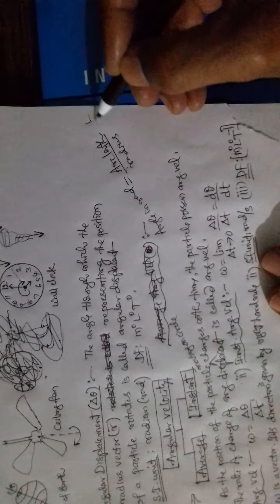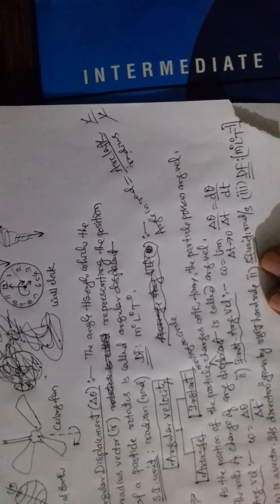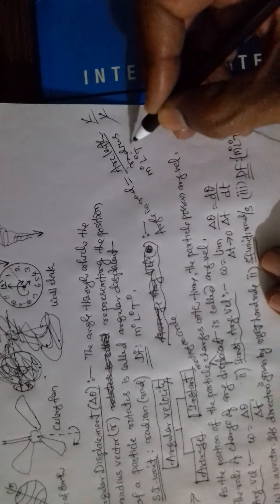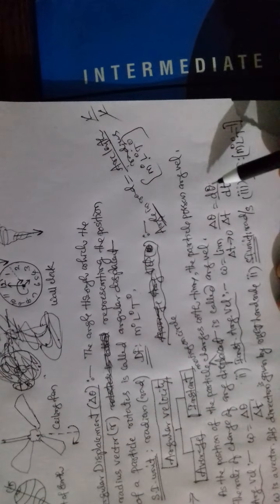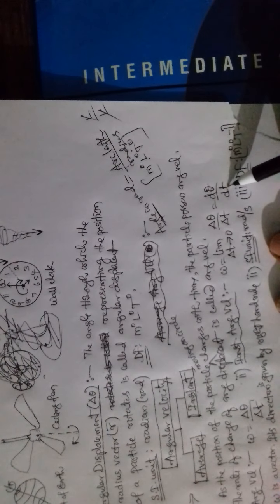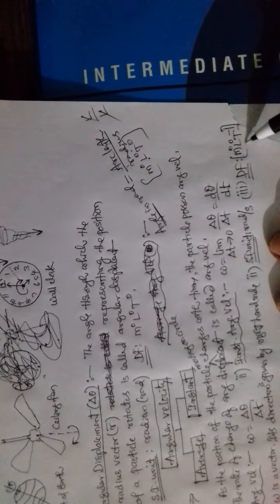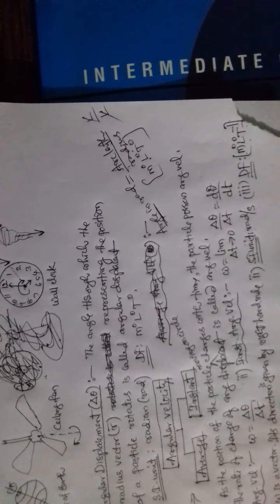Arc length is L, radius is L, L gets cancelled. Therefore, M power 0, L power 0, T power 0 for angle. For angle there is no dimension, but time is T and this is in the denominator. When taken to the numerator it becomes T power minus 1. So M power 0, L power 0, T power minus 1. Like this we consider.